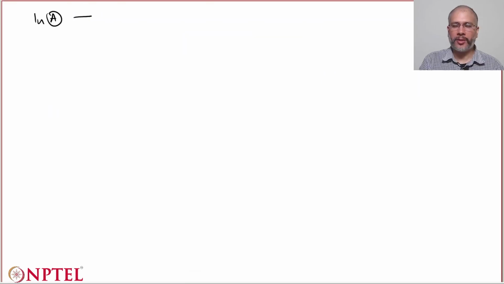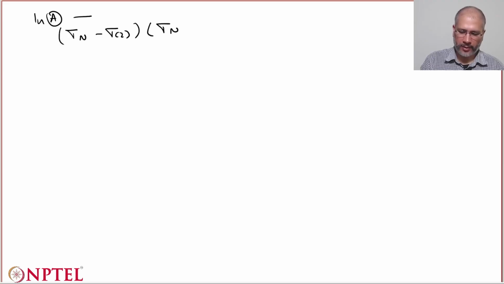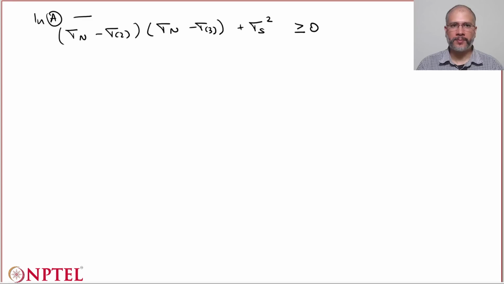So I'll write the condition for equation A, that is, the numerator of the equation was positive, which is basically saying that sigma n minus sigma 2 times sigma n minus sigma 3 plus sigma s squared is greater than or equal to 0.